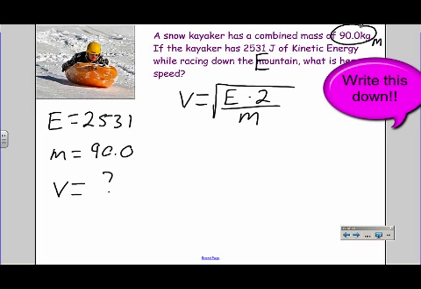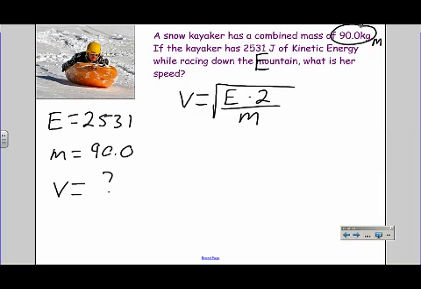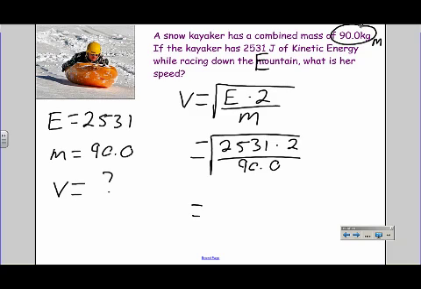So the speed equals the square root of your energy times 2 divided by your mass. We'll substitute our numbers in. The square root of 2,531 times 2 divided by 90, and we square root the entire thing. So that's the part we're going to do last. So we do the multiplying and dividing first.